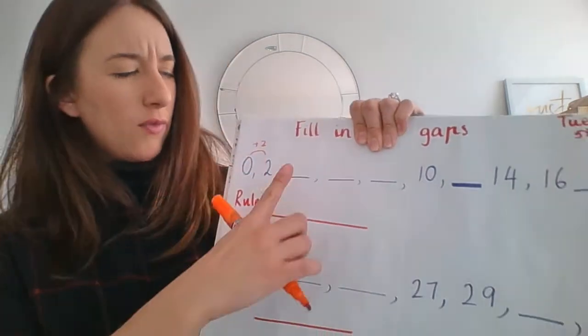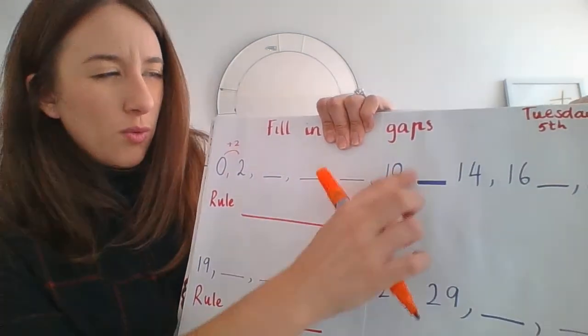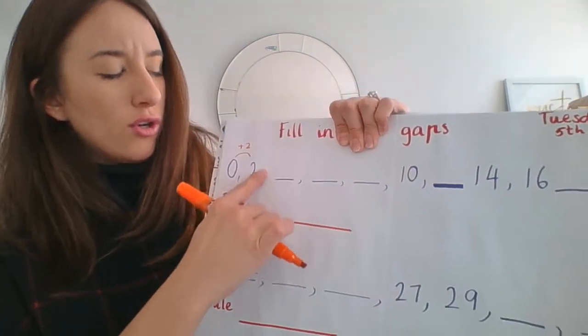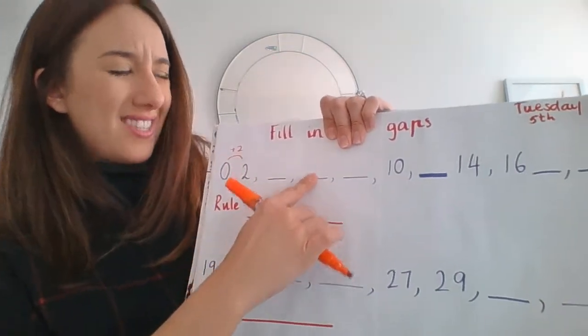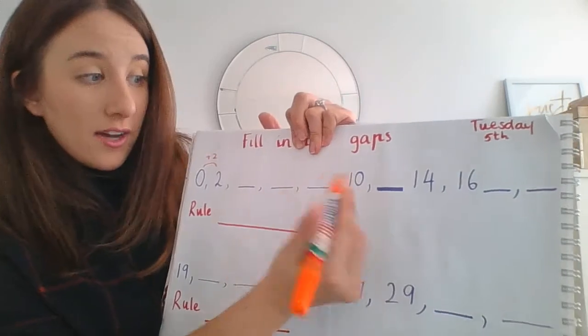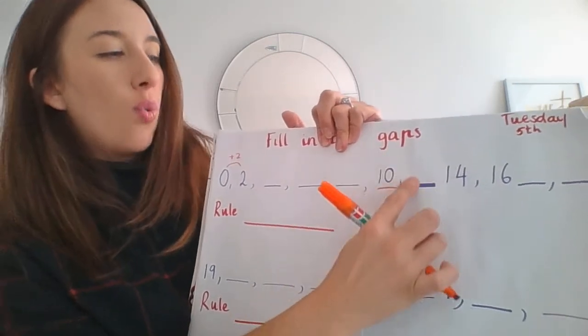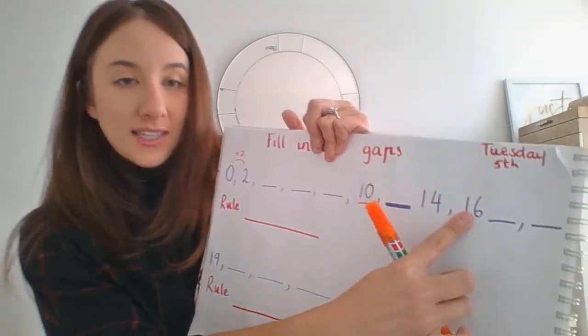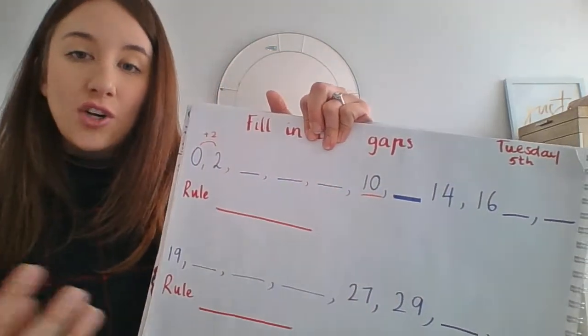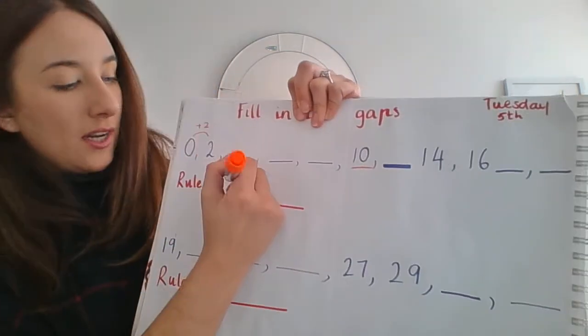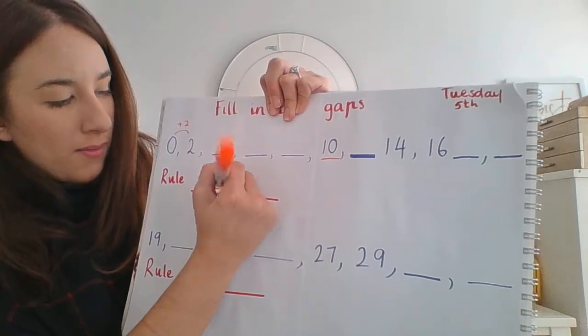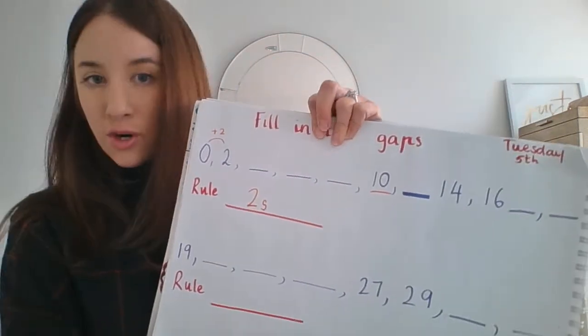So let's see, if we were to write the numbers in, would I get to 10 here? 0, 2, 4, 6, 8, 10. Okay, good. 10, 12, 14, 16. So now I definitely know that this is skip counting by 2s. I can pop that rule in straight away, because I already know it.